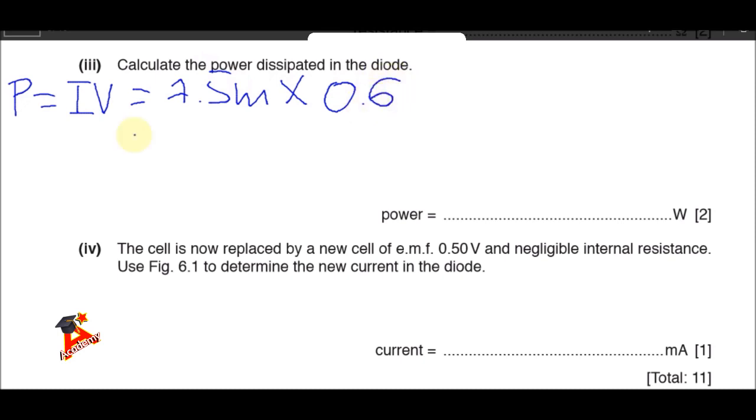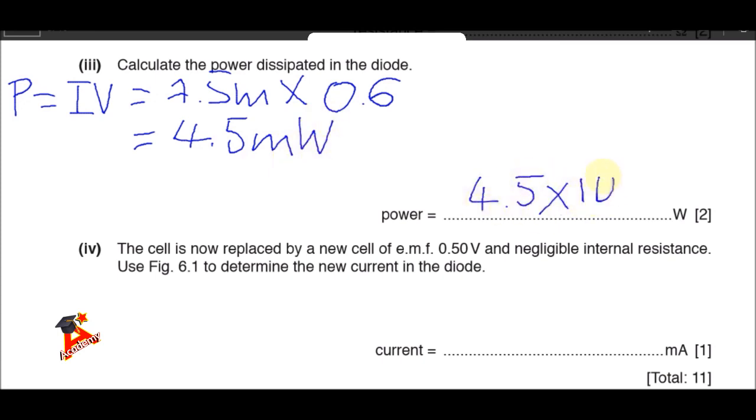That gives us a power of 4.5 milliwatts. So we have 4.5 milliwatts right there. That's our answer there.